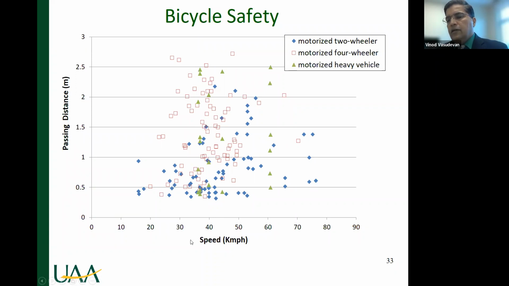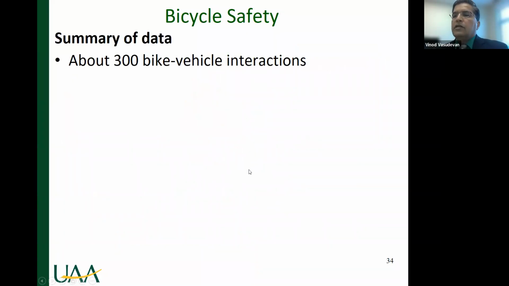You can see that, irrespective of the speed, for two-wheelers the lateral passing distance is such that there are many vehicles within 0.5 and 1 meter. Oh, sorry, this is actually 1 meter. Yeah, that's true. Sorry.